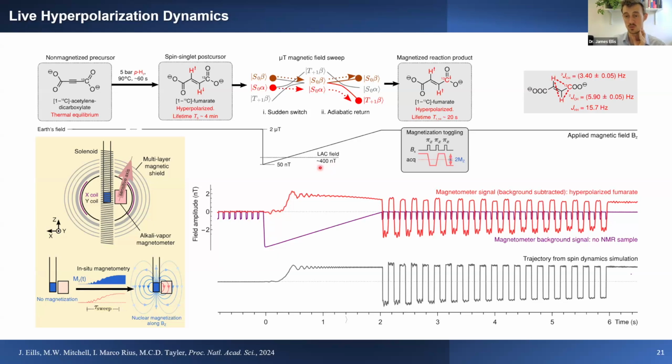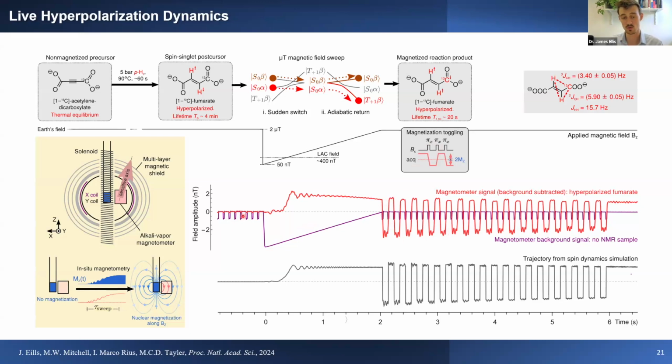And that's because both the carbon and the proton are polarized. In fact, what we're seeing is predominantly the proton magnetization, because the protons went from a singlet state into this T plus state at 50% population. And then we can apply these pi pulses and toggle the magnetization up and down.